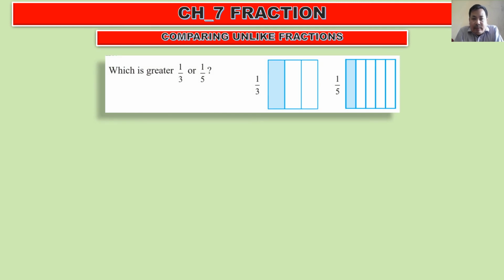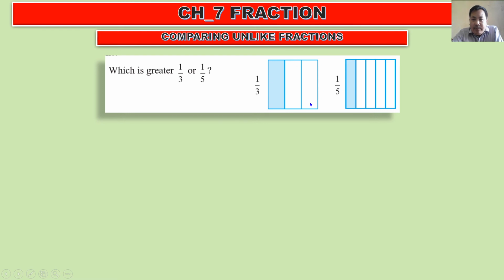Here we have two diagrams. We are going to compare two fractions having different denominators: 1 by 3 and 1 by 5. So which is greater, 1 by 3 or 1 by 5? Let us see. See the diagram representing 1 by 3 and another diagram representing 1 by 5.